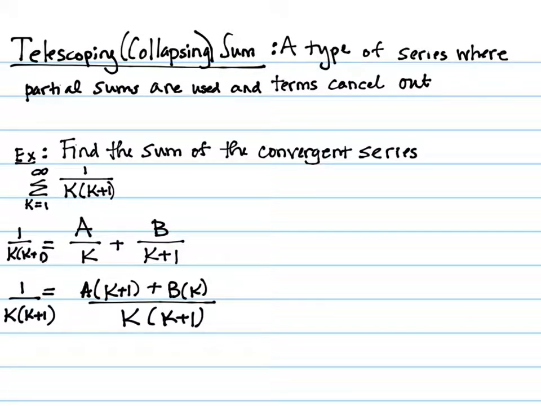Okay, since the denominators match, right? All I have to consider now is that the numerators need to. So this first numerator is ak plus a, and the second one is bk. And this has to equal the number 1. Well, there's two types of values in the expression that's on the right. There's terms that are multiplied by k, and there's terms that aren't.